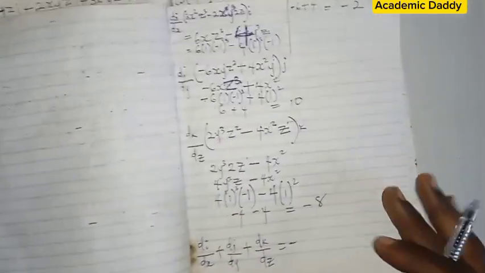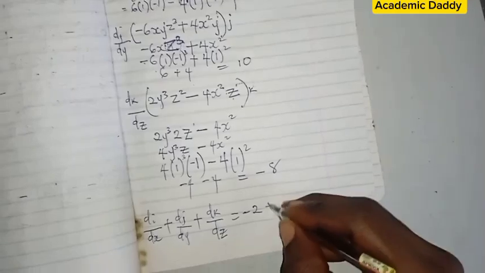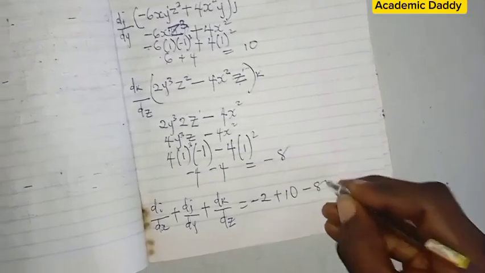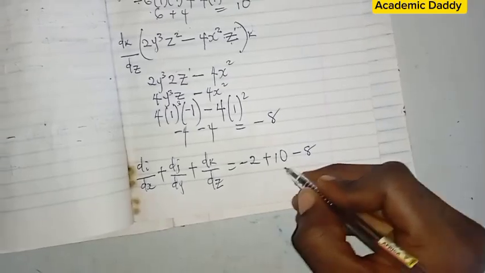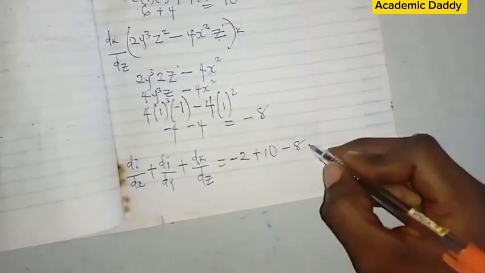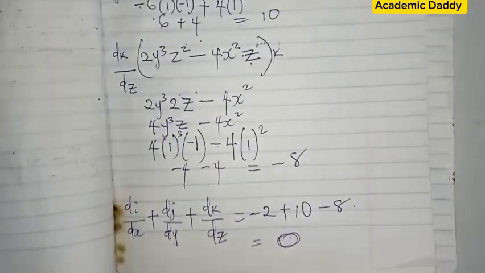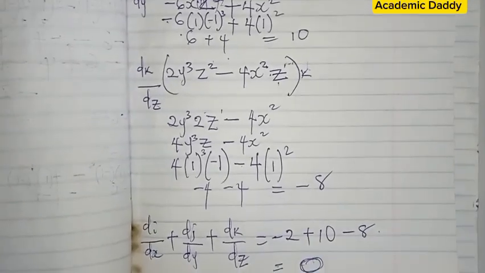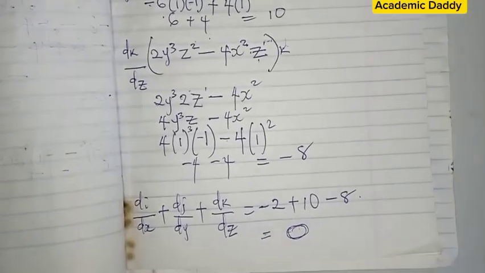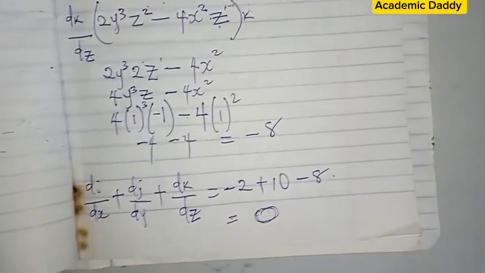So I have minus 2 plus 10 minus 8, and if you punch it, you have 0. So if a question comes as objective, asking what is the divergence of the curl of a vector, just know that the answer you should be looking for is 0. The divergence of the curl of a vector will always be equal to 0.